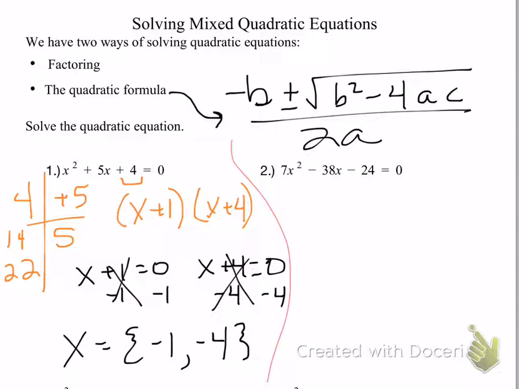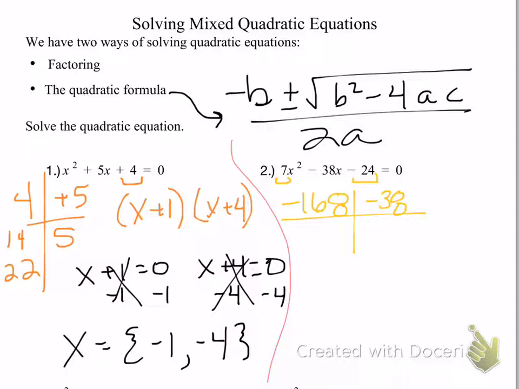Well, let's go ahead and look at number 2. I want to start off by doing my a times c because the leading coefficient isn't 1. So I'm doing 7 multiplied by negative 24. Well, that gives me negative 168. Okay, and our goal is for it to add up to negative 38. Well, let's be honest.